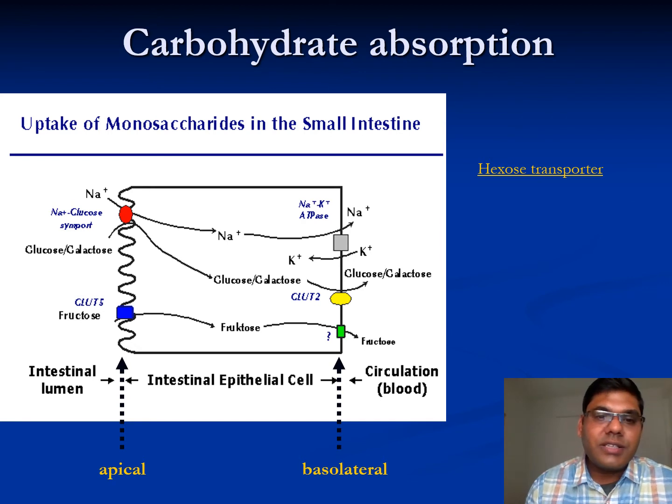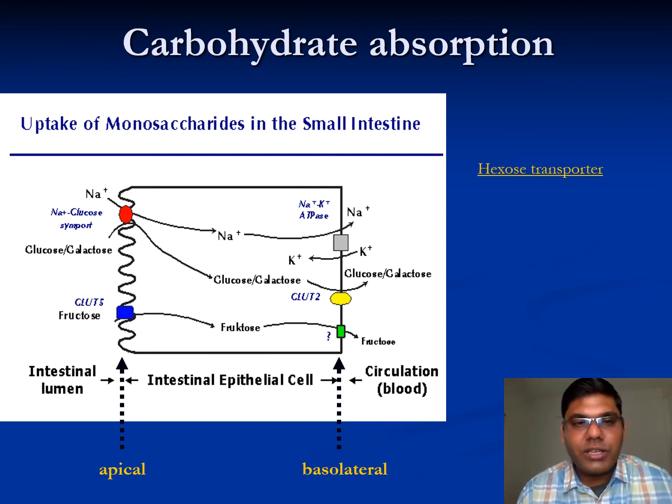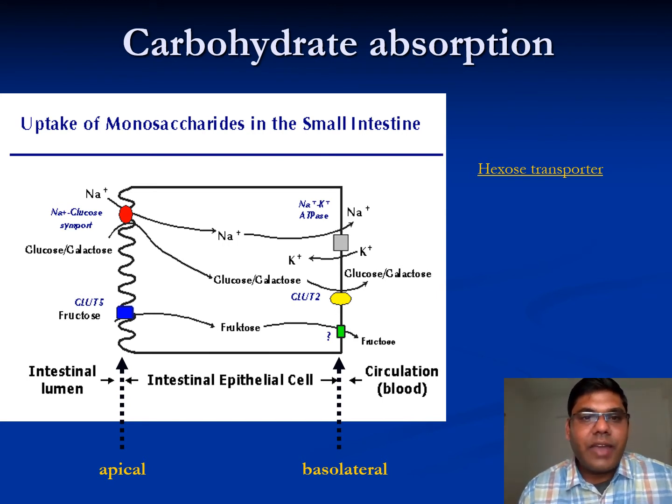This is the side of the intestinal lumen, the lumen side wherein our food is present, and these have multiple types of transporters. GLUT5 is one of the transporters which transports fructose inside the cell.